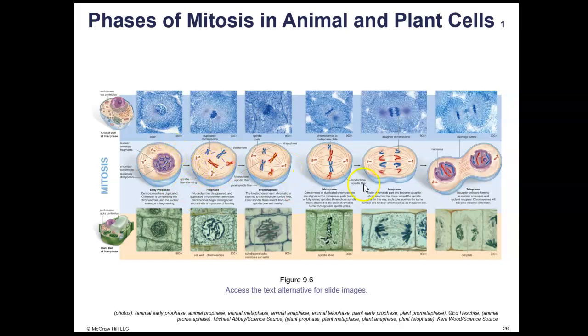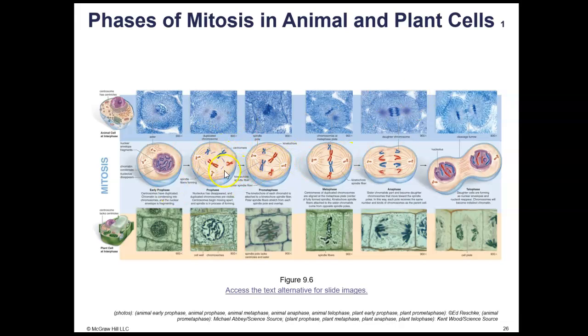And you can see that happening even more in prophase. The centrosomes are moving to opposite ends of the cell. You can see spindle fibers forming. The spindle fibers are microtubules, and they're sometimes called kinetochore fibers because they will attach to the kinetochores of each of the chromosomes.